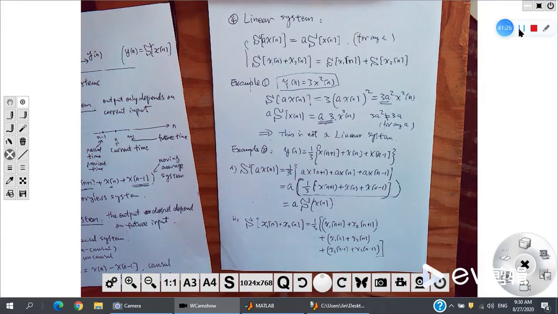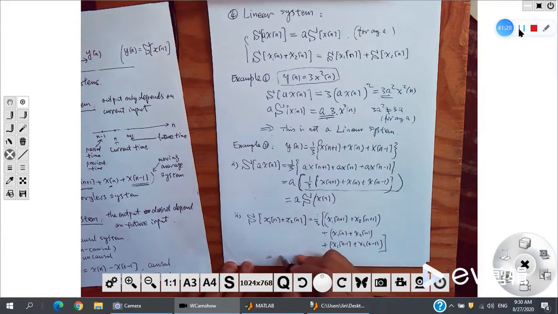Of course, this is obviously equal to the output using just x1 as input plus the output of the system when only x2 is the input, right? You consider the first three, that is the first S, and the second three of them, this is the second S, right? Summation divided by 3.